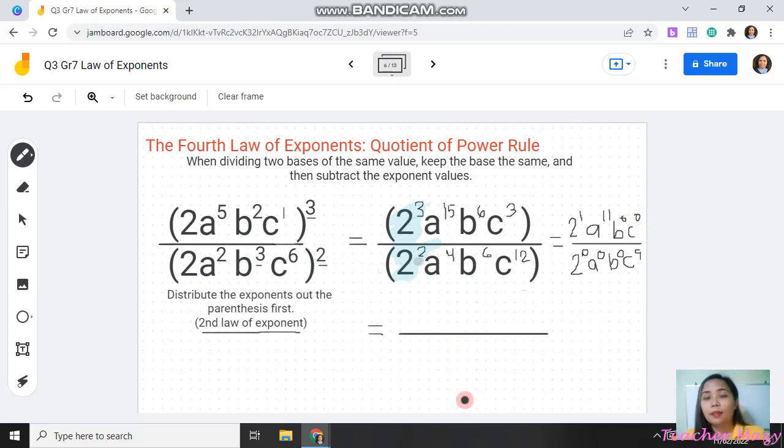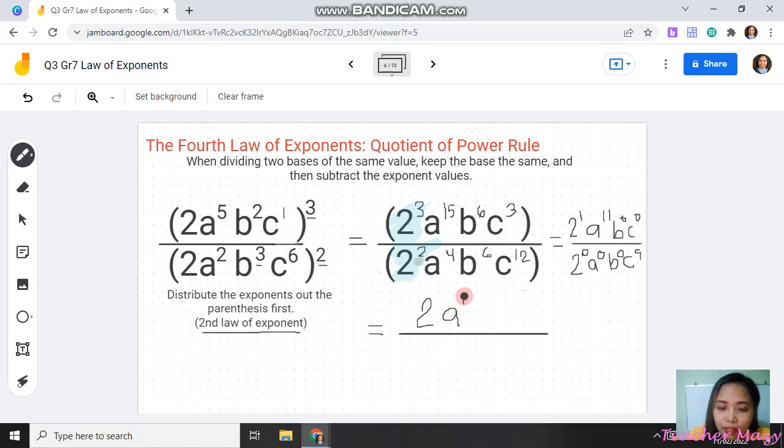Ayan, so let's apply the zero power rule. It says that any number that is raised to 0 is equal to 1. So lahat ng may zero exponent here ay tatanggalin na natin since they are equal to 1. So let's write yung mga natira, yung mga numbers at literal coefficient na hindi raised to 0.